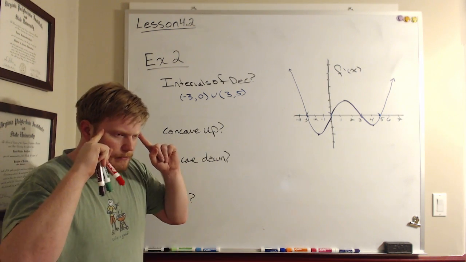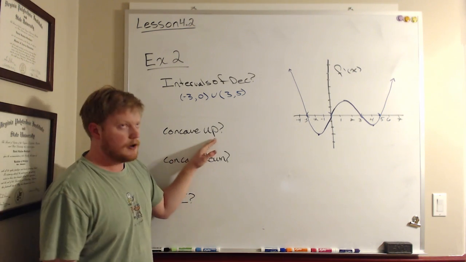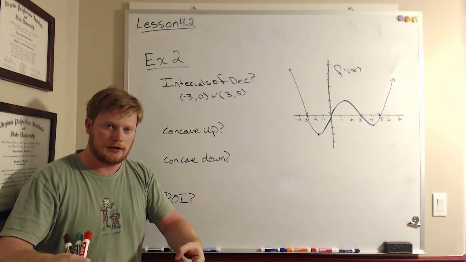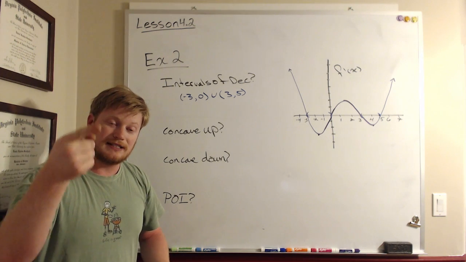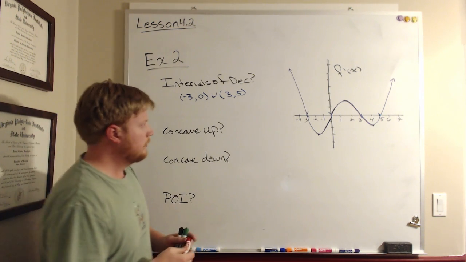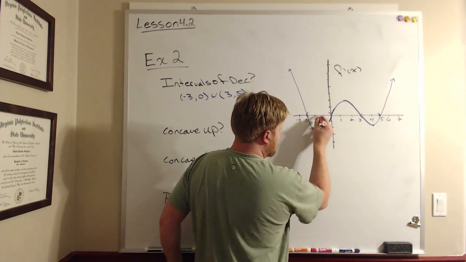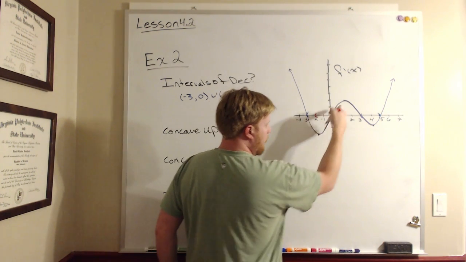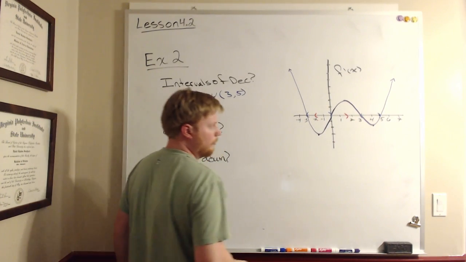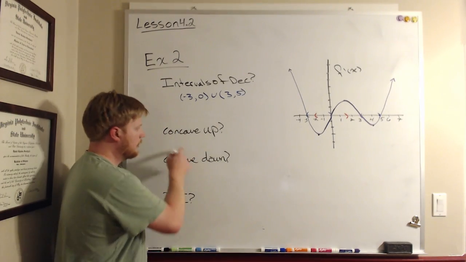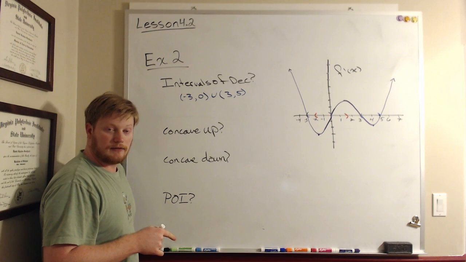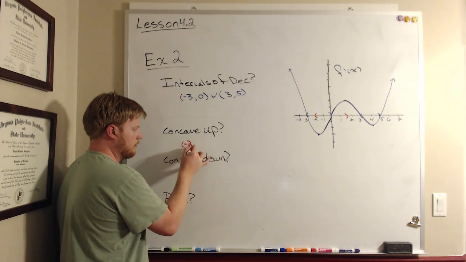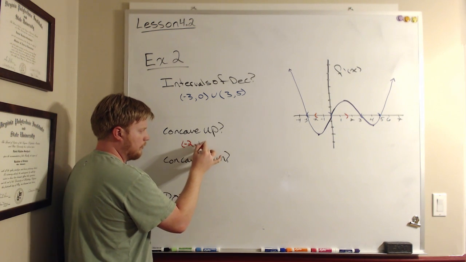So just thinking about the second derivative test, concave up would mean positive values of the second derivative, or where the first derivative is increasing. So the first derivative is increasing from -2 to about 1.5. So the original function must be concave up from -2 to about 1.5.